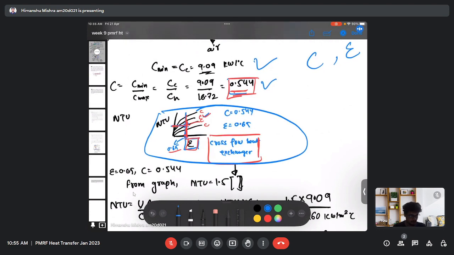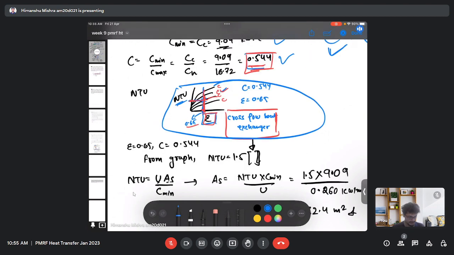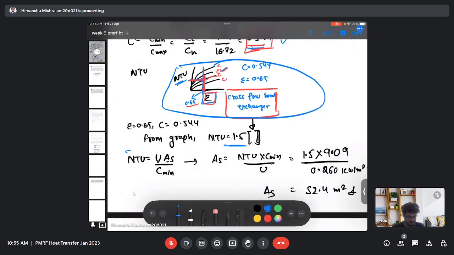For this plot you require heat capacity ratio and effectiveness. We found the heat capacity ratio, and the effectiveness is already given. From the plot, which you can find in any heat transfer book, you can get NTU. Once you get NTU, you just use the general formula for NTU to calculate the surface area.